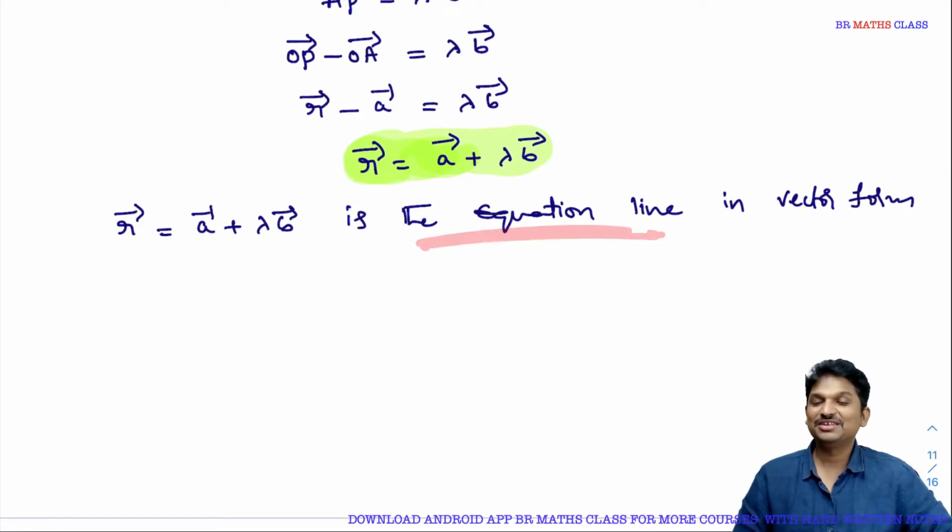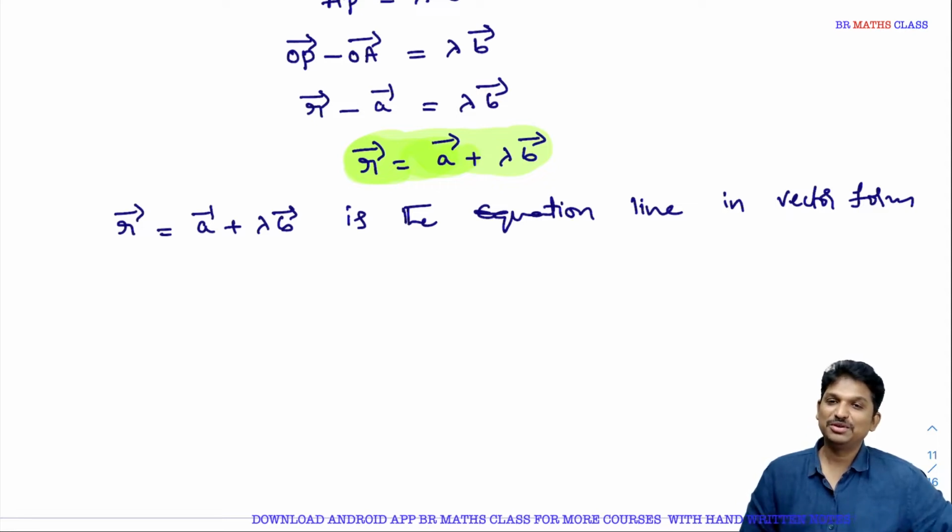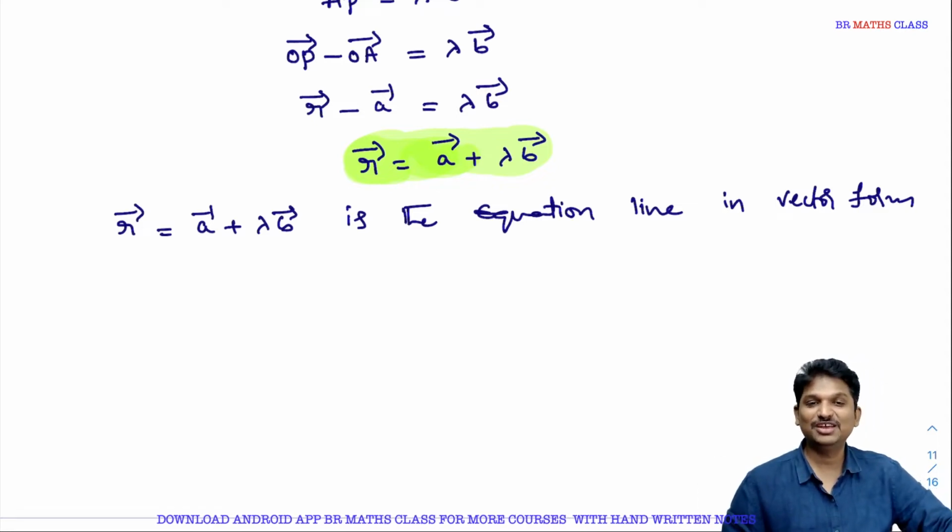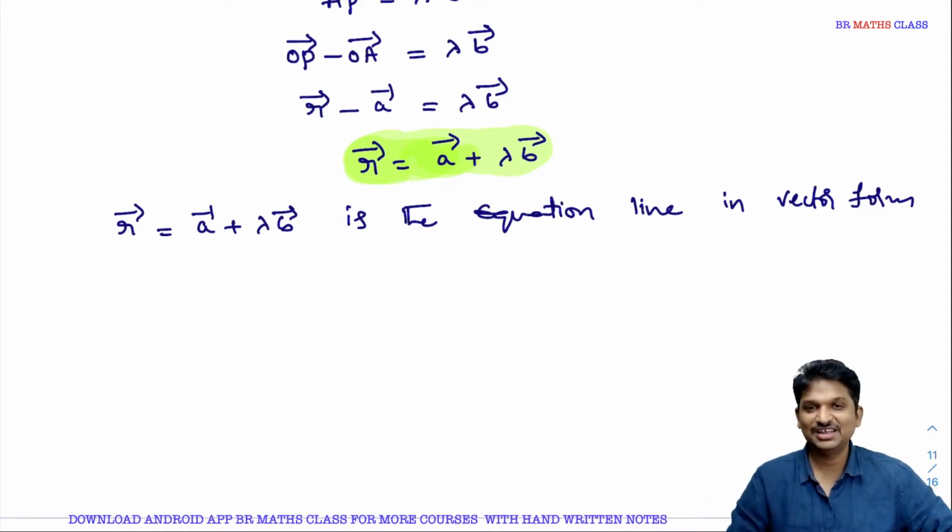So we derived the vector form of the equation of a line. In the simplest form, R bar equals A bar plus lambda B bar is the equation of a line in vector form.